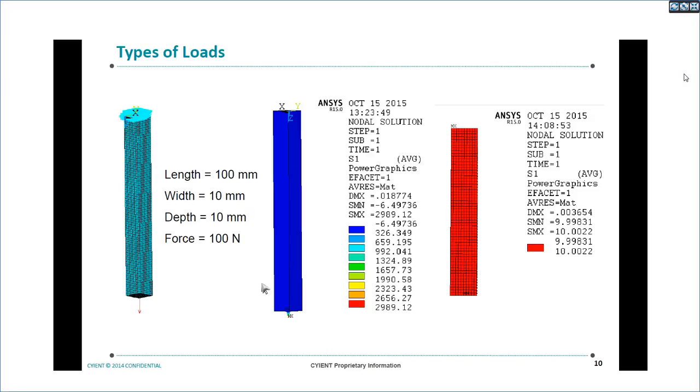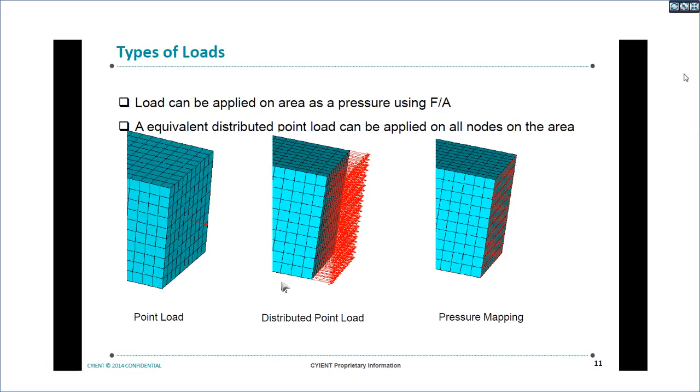But when you see here, the highest stress is very high, close to 3000 MPa. If I unselect some locations here, we get the hand-calculated value of 10. So in the vicinity where the load is applied, we will get singularity, but away from that we may get accurate stresses. In general, we should avoid this type of loading.